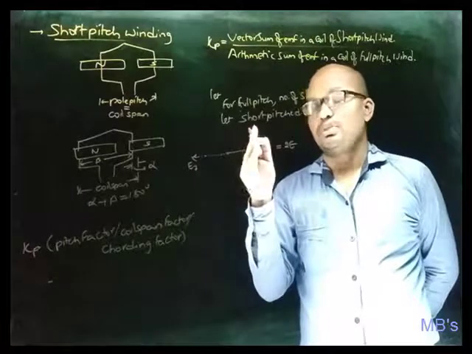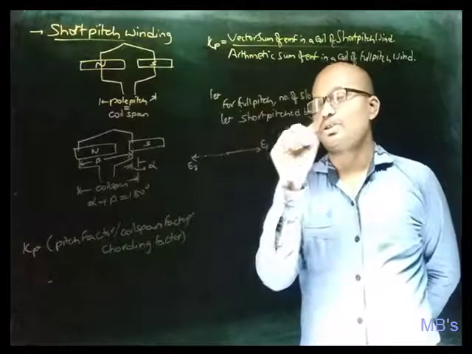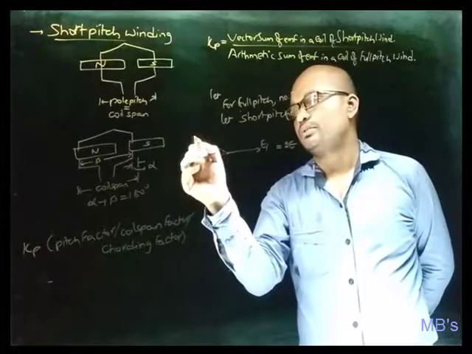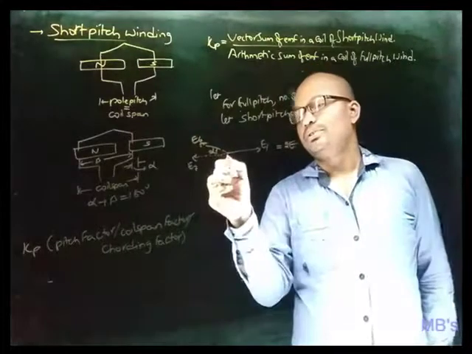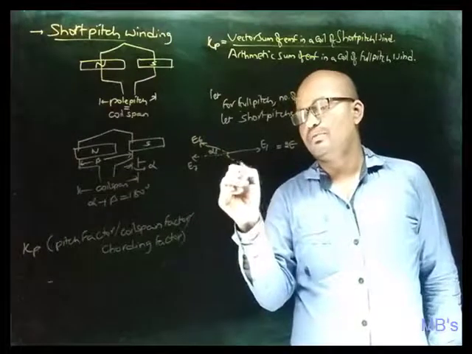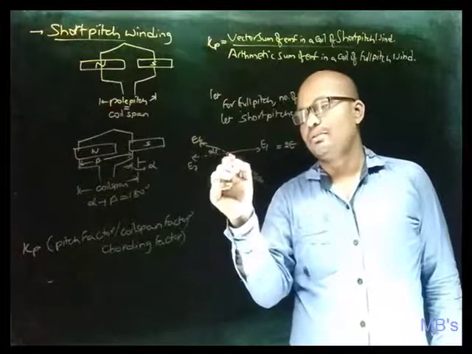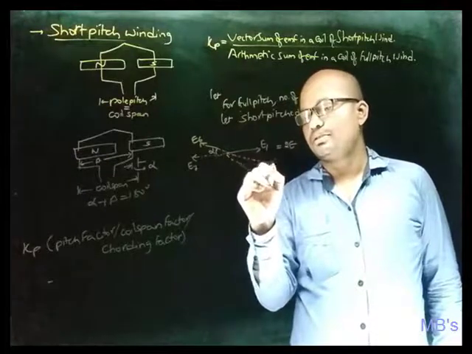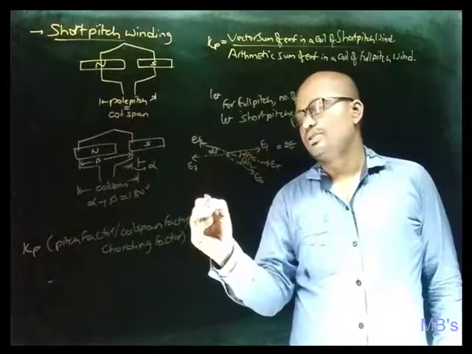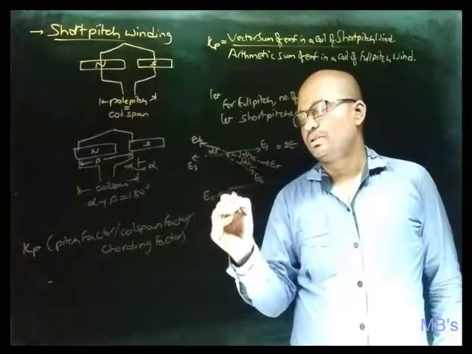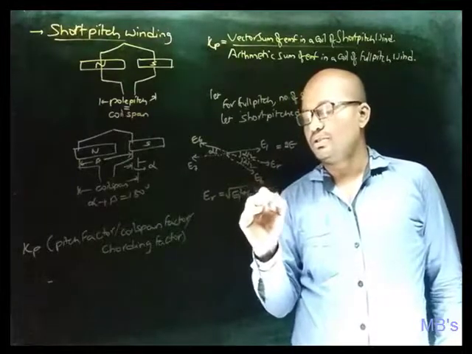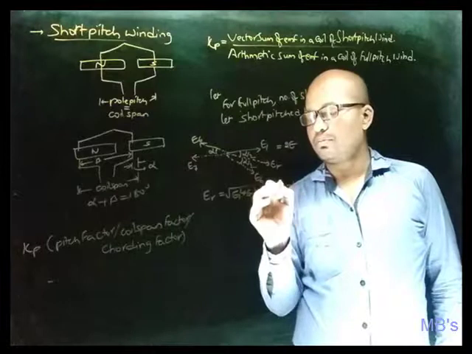Whereas here, short pitch winding means short pitch by 1 slot. Let it be short pitch by an angle alpha. So E6. Here the induced EMF is the vector sum of the EMFs induced in E1 and E6. This is the resultant here. This is alpha by 2 and this is alpha by 2. Now the resultant is equal to root over E1 square plus E6 square plus 2 E1 E6 cos of alpha by 2.